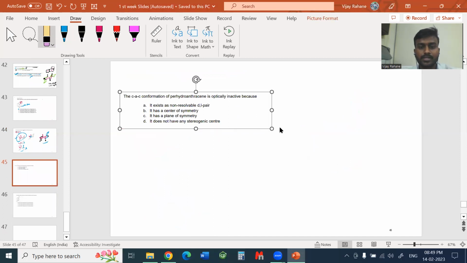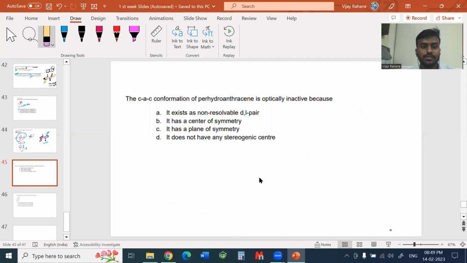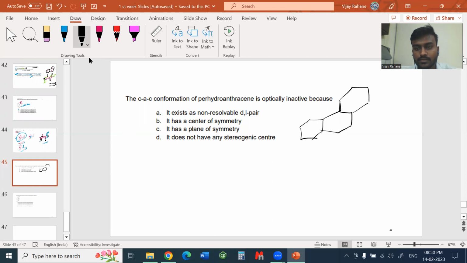The syn-anti-syn perhydroanthracene is optically inactive, because to solve this question we first need to draw the structure of this molecule. Perhydroanthracene is like this, and what they have given is syn anti syn.